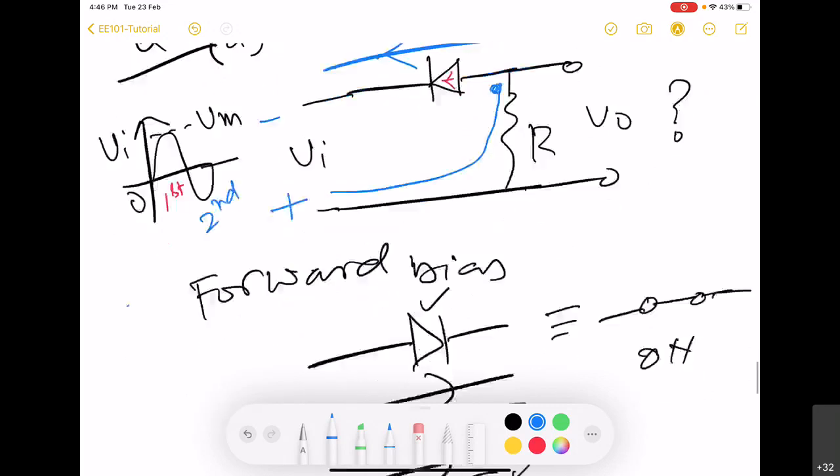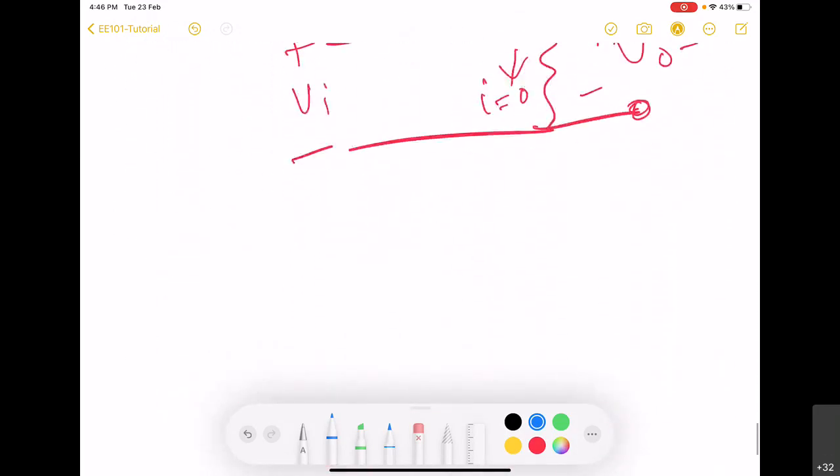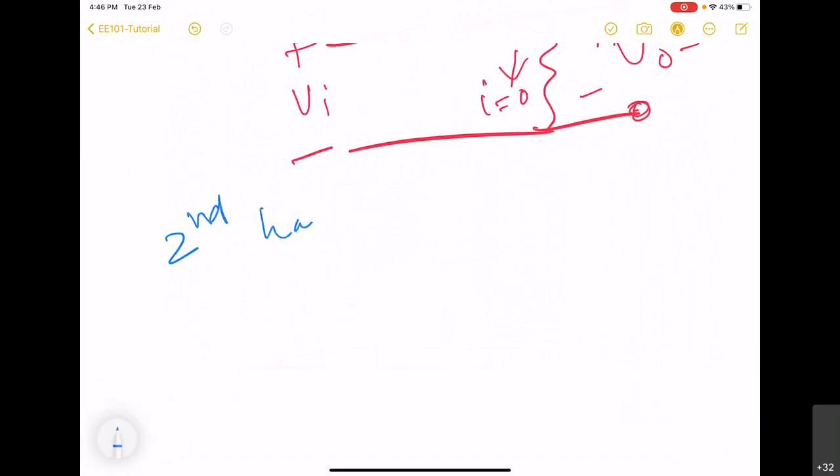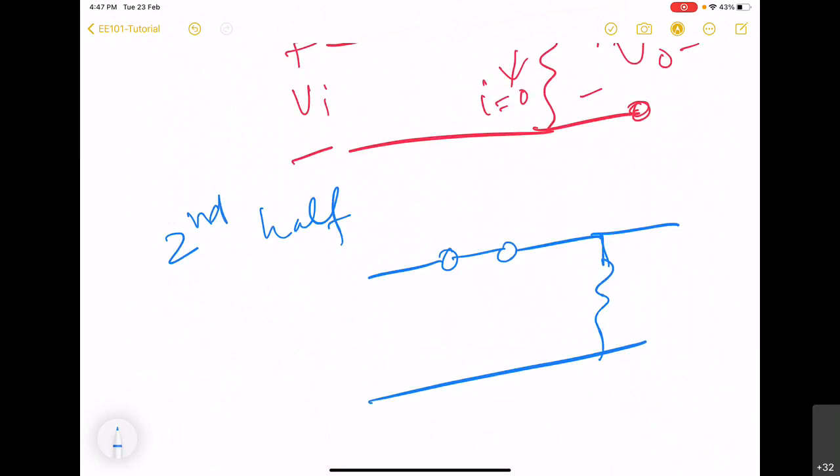So the diode is going to be on, and the equivalent circuit of the diode is going to be that of a closed switch. And then here we have our input.